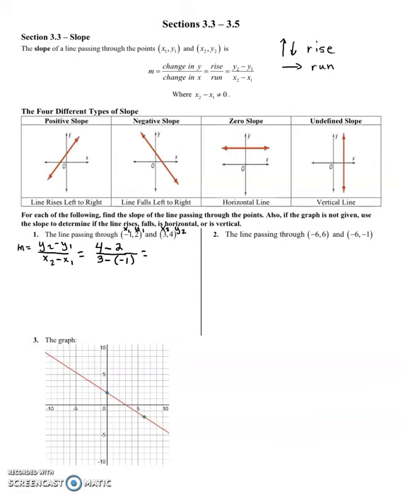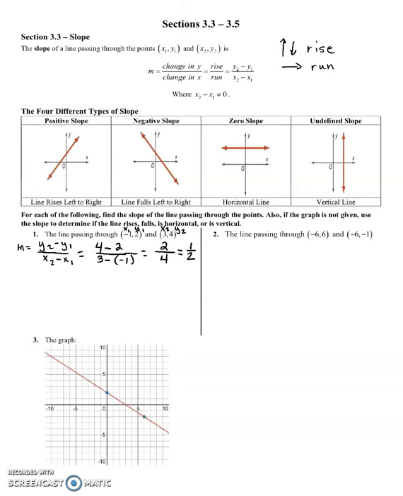And now we just do the arithmetic. So 4 minus 2 is 2 in the numerator, and 3 minus a -1, that's really like a 3 plus 1, so that gives us 4. And then, of course, we have to reduce our fraction. So 2/4 is 1/2.